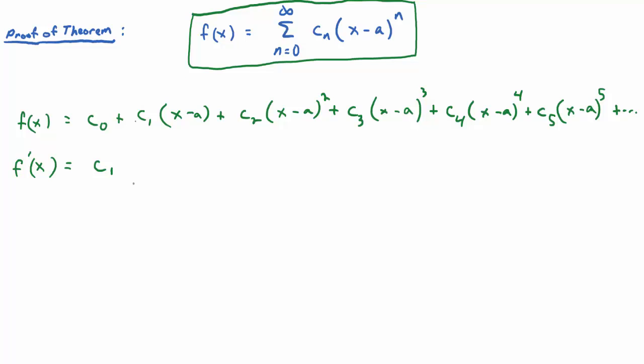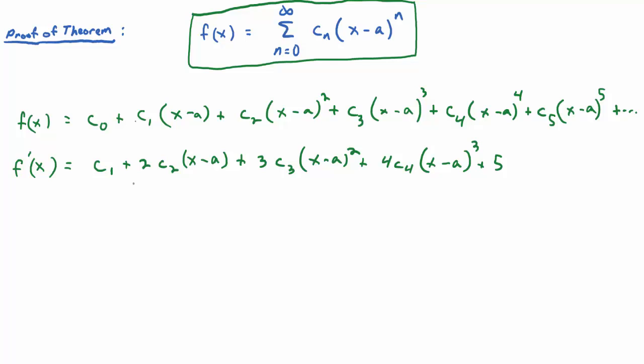OK, what's the next term? Bring down the 2. 2c2 (x minus a) to the 1 power, right? OK, let's go through this fast. What's the next one? 3c3 (x minus a) squared, right? Plus 4c4 (x minus a) cubed.